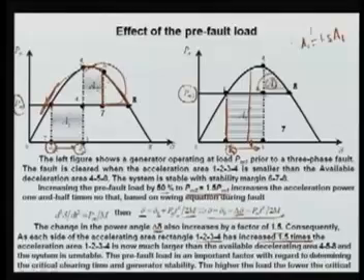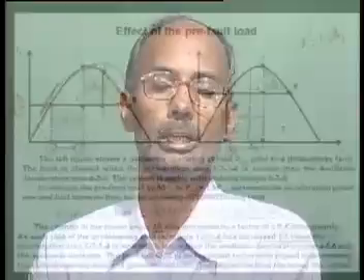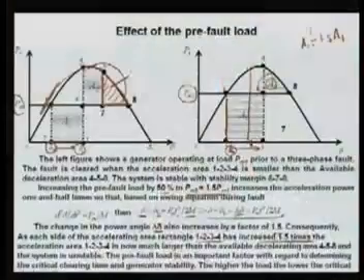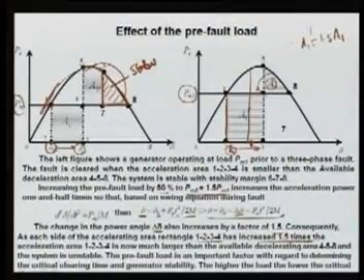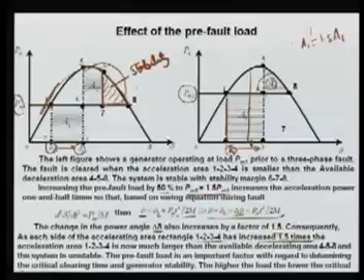The area 6, 7, 8 is called the margin, known as the stability margin of the system. If this margin is larger, then we can say our system is more stable. So this gives you relative stability; this margin is an indication of the stability of the system.